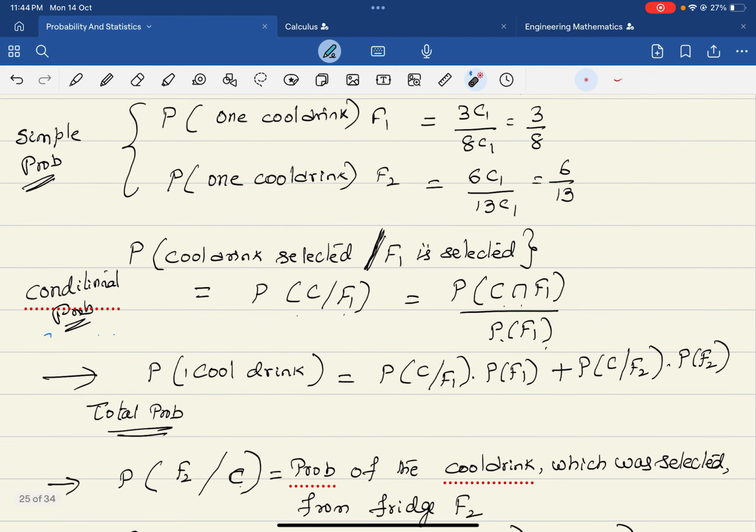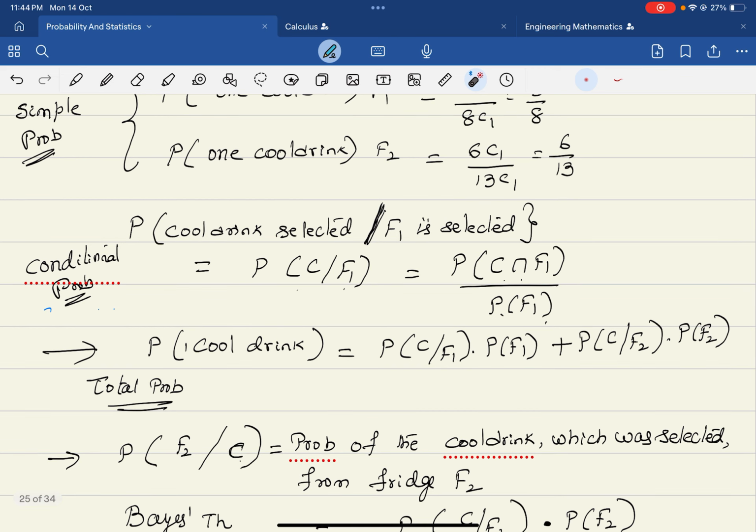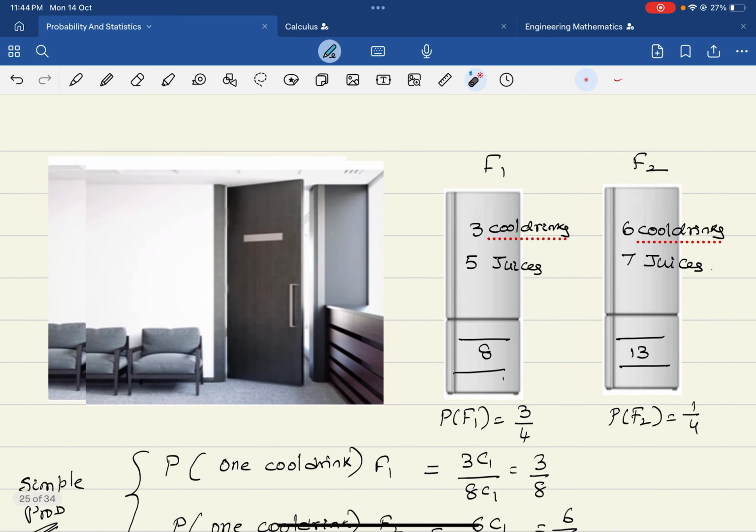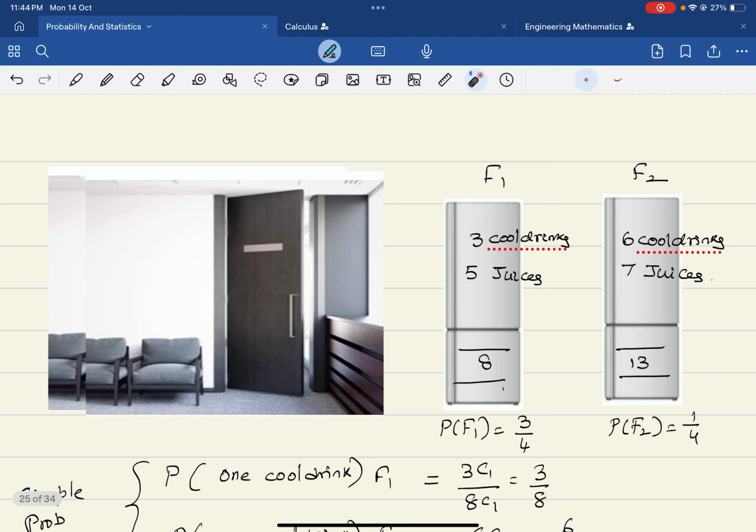Now let us come to the Bayes theorem concept. Again you have got that cool drink. Now tell me, what is the probability that it has been taken from fridge 2? Suppose that is the question. That means the reverse way.